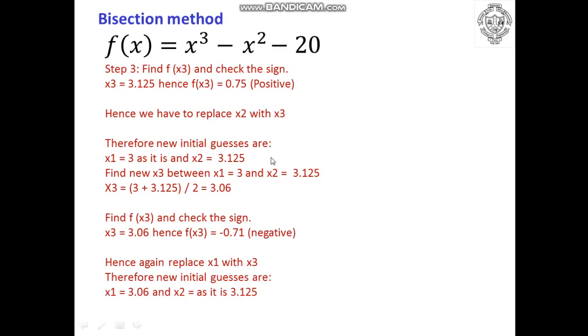So instead of considering 3 as x1, we will replace it with the new value of x3, which is x1 equal to 3.06, and x2 will be as it is, 3.125. To find the new x3, we will consider these two points, and the value of x3 is (3.06 plus 3.125) divided by 2, which is 3.09.